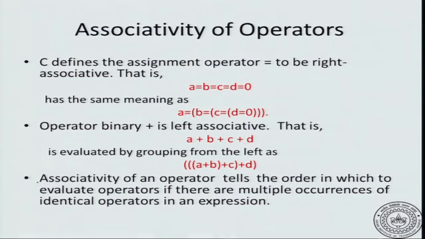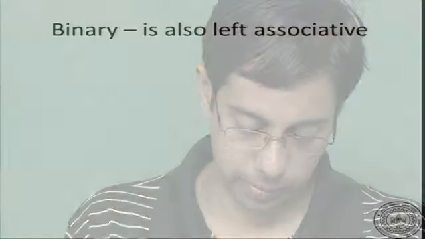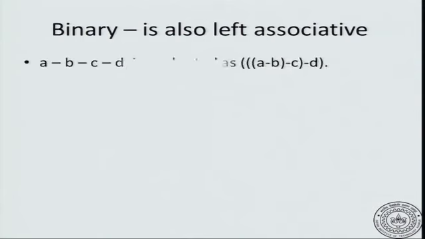So, associativity rules tell you that if there are identical operators in an expression, in which order do you evaluate them? Do you evaluate them from left to right? If you do, then it is called a left associative operator. If you evaluate from right to left, in the case of, for example, the assignment, then it is called a right associative operator. Binary minus is also left associative.